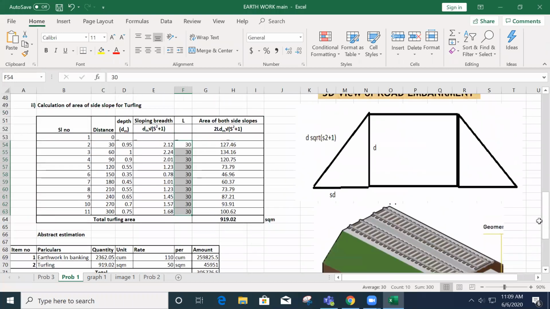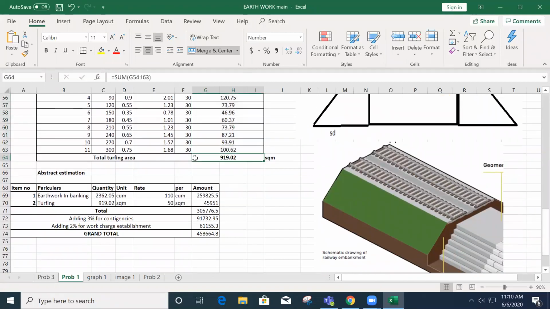So finally, this will be the total area of turfing. If we do this till the end, here also you can see the first row is blank. So the total turfing area will become 911.02. This is the total of this whole area. So this is how to calculate the side slopes for the turfing.